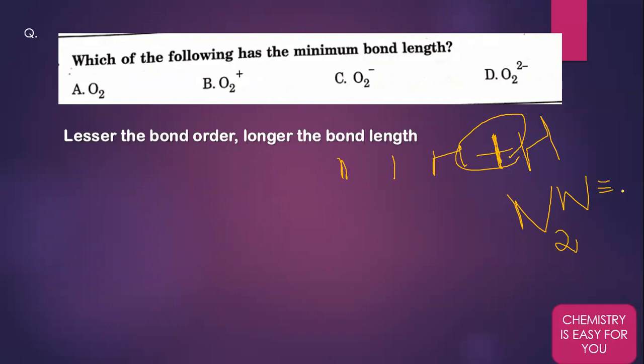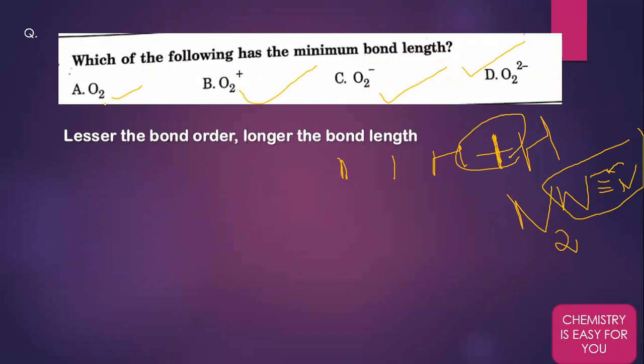So the bond order is high, and these two atoms will be very close to each other because it is a very strong bond, and therefore the bond length will be very much less. So we have to find the bond order of each of these, and then find the minimum or the maximum bond length according to the question.